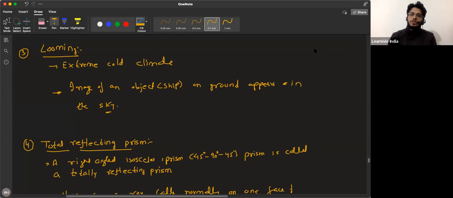Sometimes it seems like the ship is flying, so that's the image of the ship in the sky. That's the way mirage makes the image of the sky or the tree on the ground. In looming, it happens just the reverse, like the image of an object on the ground is obtained in the sky.